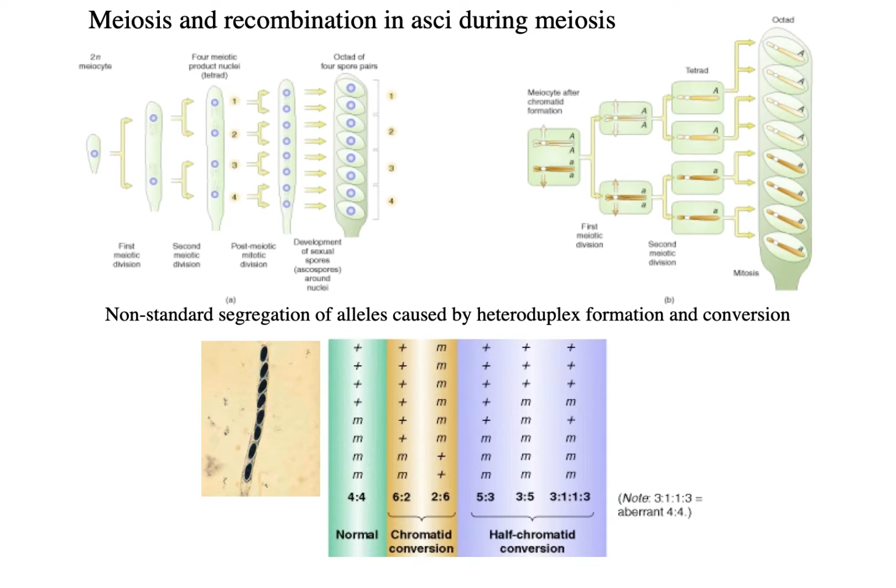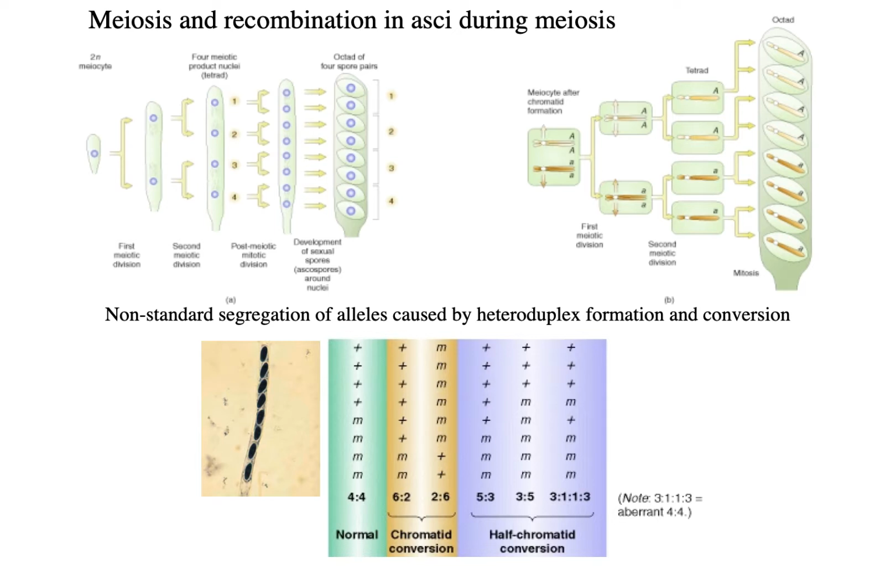And what was happening was that there was gene conversion or chromatid conversion. And this always happened in an area of a crossover in that heteroduplex region. So in the heteroduplex region, you have one half of that chromosome that would be the wild type, and the other half would be the mutant.